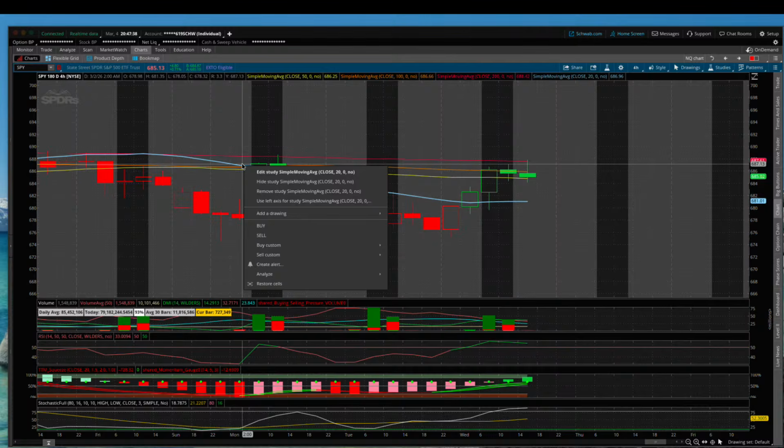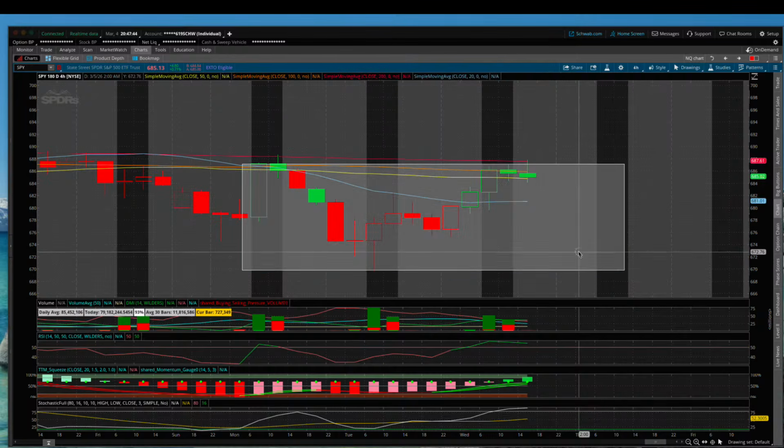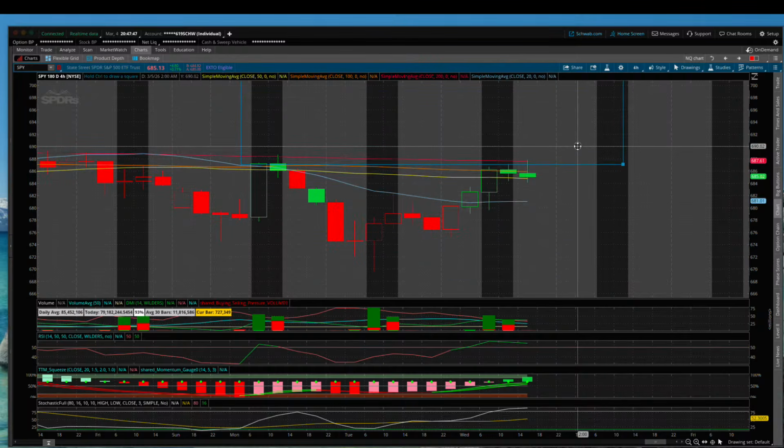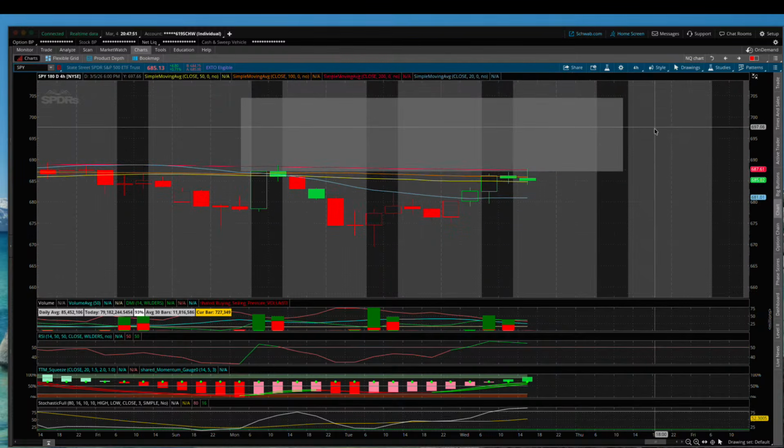For our inverse head and shoulders here, we'll have 696.50, and we'll have 704.